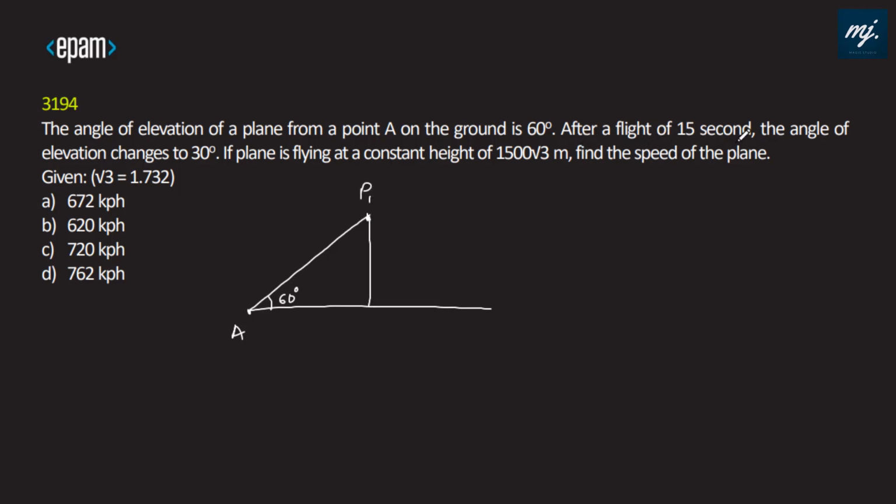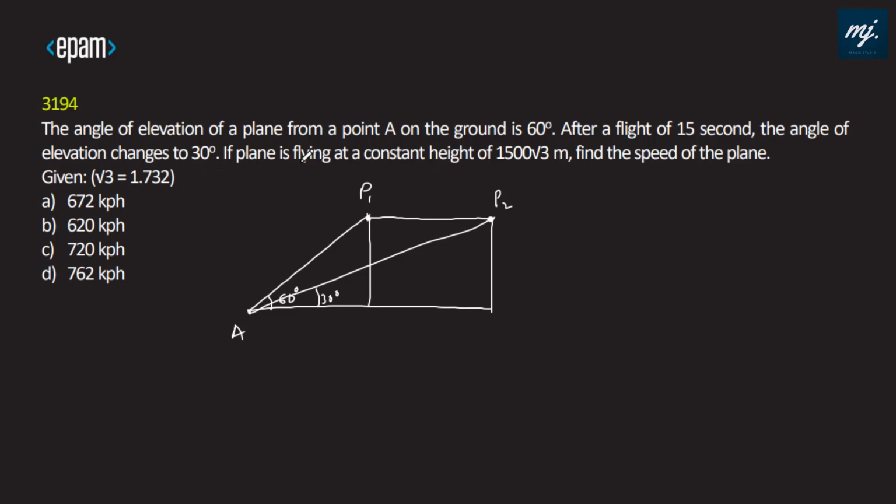After a flight of 15 seconds, the angle of elevation changes to 30 degree. Let it be moving away from this point, then only it will change to 30 degree. Let it move to point P2, and then this angle changes to 30 degree. Let us join this also.